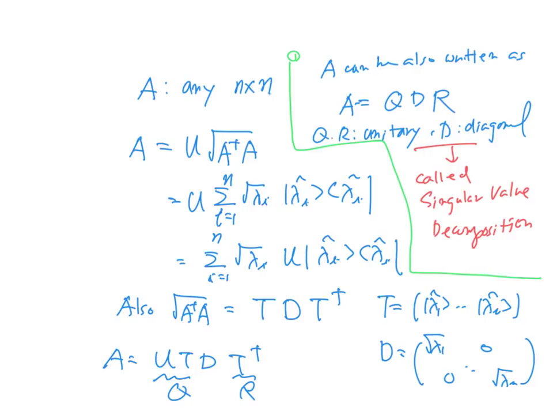So 2 by 2 was easy, so maybe you can try 3 by 3, arbitrary matrix. So homework: polar decomposition.